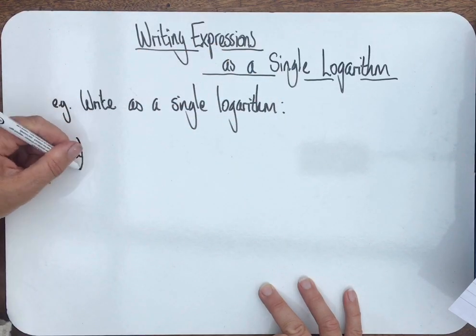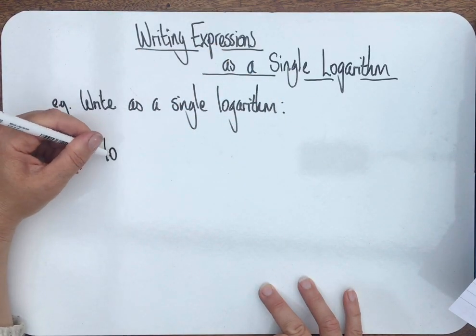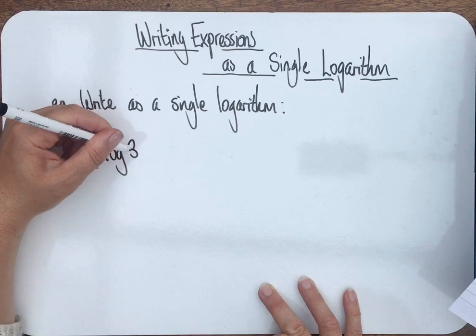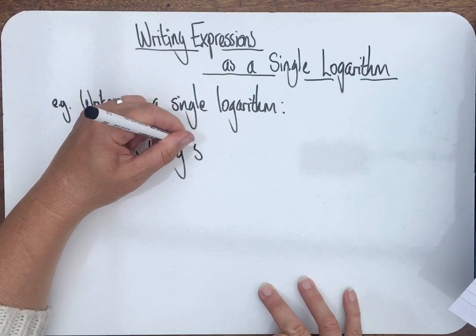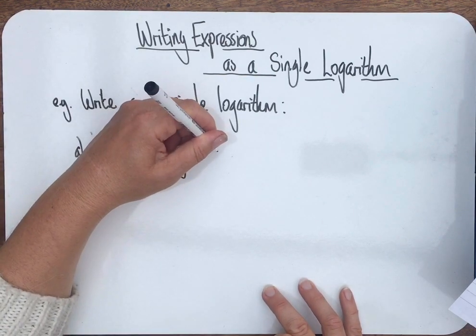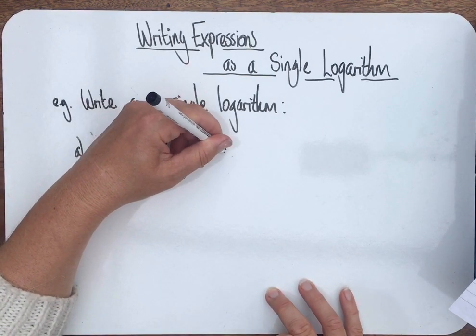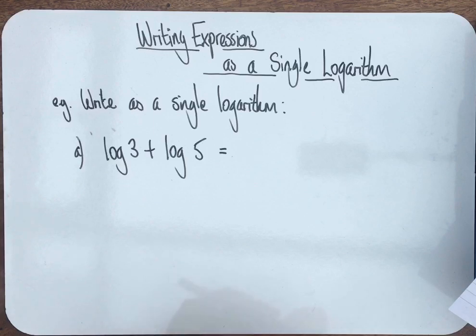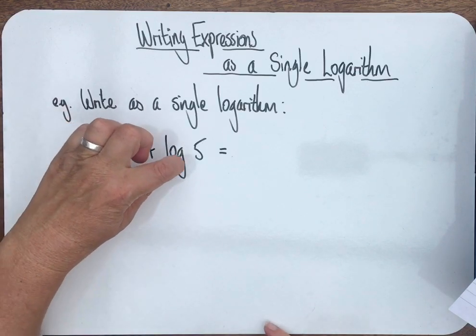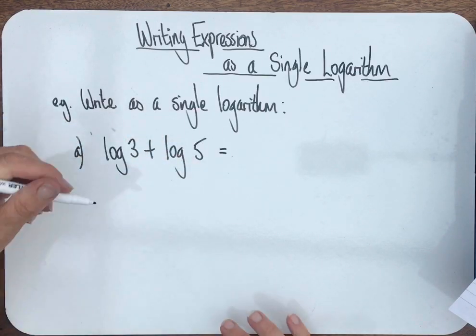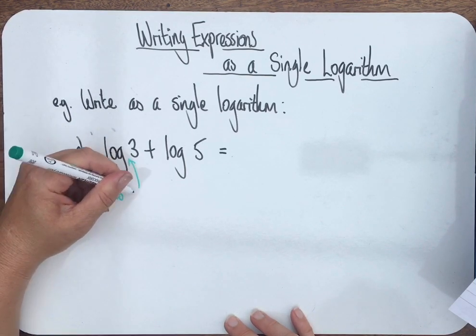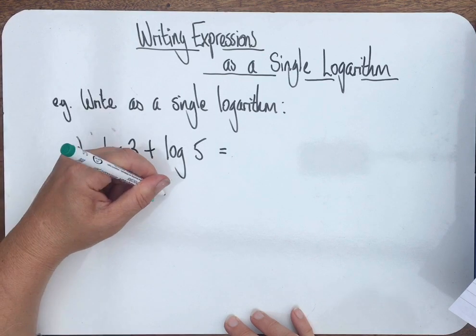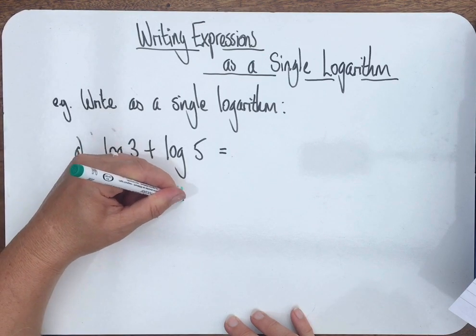So first of all, log 3 plus log 5. So we're using the laws of logarithms. If you see this, there's no base written in here. So if there's no base written, then you can assume it's a base 10 logarithm.